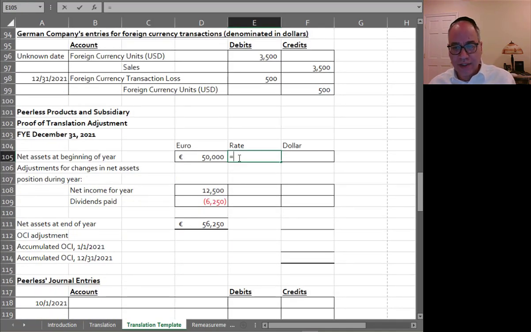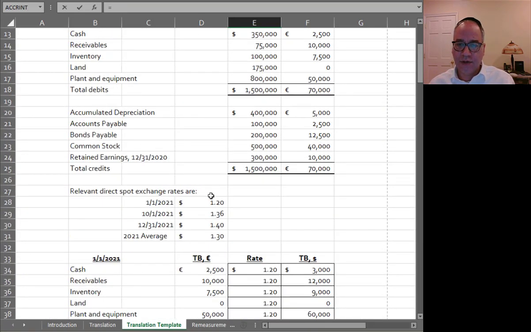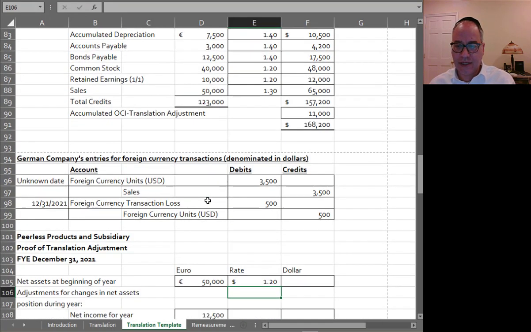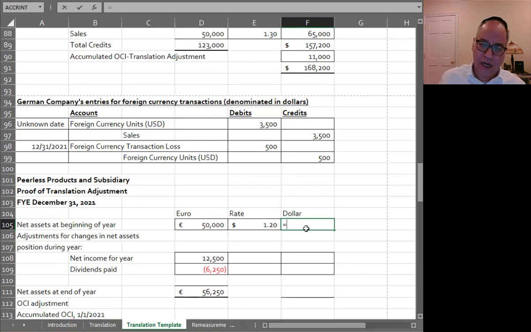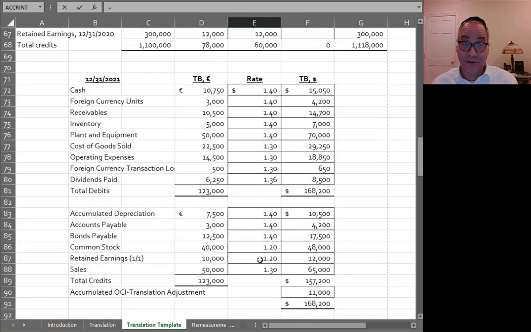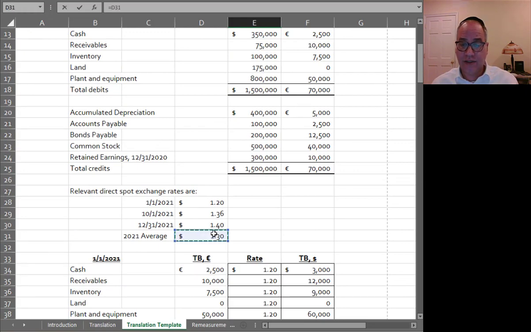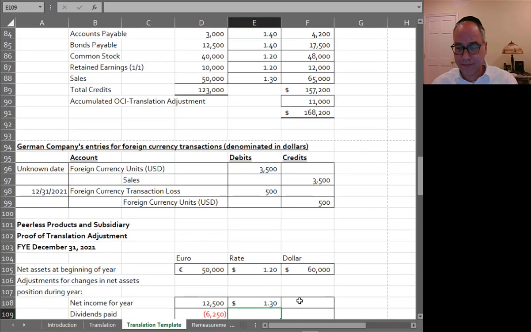Anyway, last year, all assets and liabilities were converted at the historic rate of $1.20, which would give you dollar values of $60,000. Net income would translate at the average rate. In this case, the average rate is $1.30 for that year.